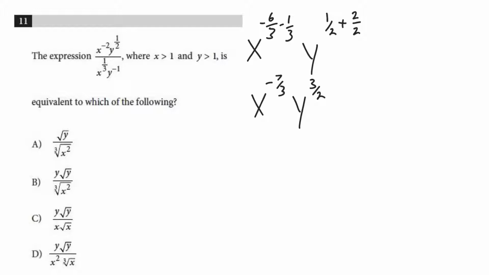I'm looking ahead and I'm seeing that the x to the negative 7/3, well, I know that's going to go on bottom, and y to the 3 halves is going to go on top. That would be the square root of y to the 3rd over the 3rd root of x to the 7th.